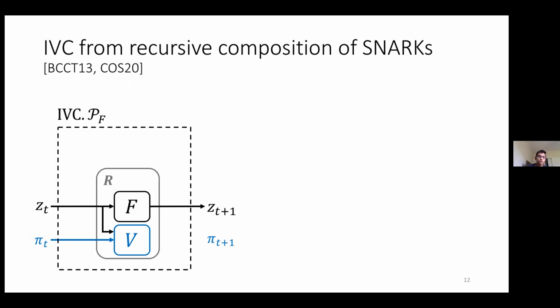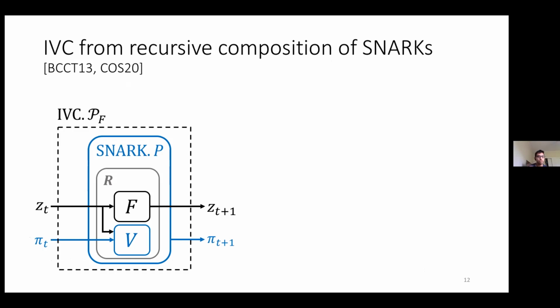So this recursive circuit checks that F was applied correctly, namely that F of zt equals zt+1, and that the SNARK verifier accepted the previous step proof, pi t, right? So it checks these two computations, and then the IVC prover invokes the SNARK prover on this recursive circuit R to produce the next step proof, pi t+1, right?